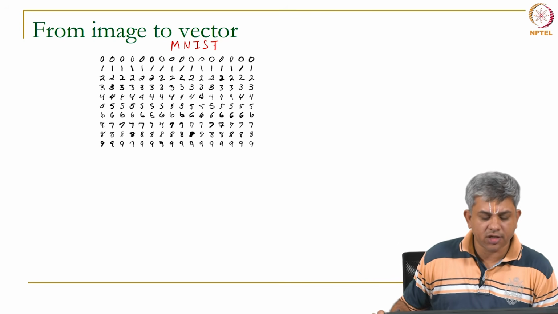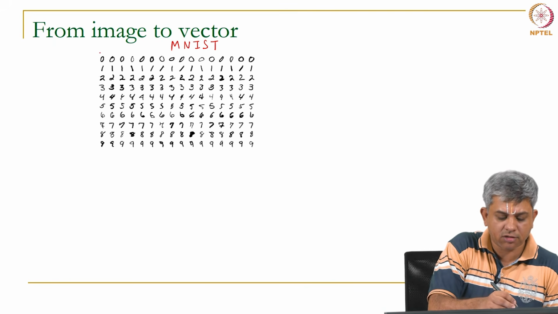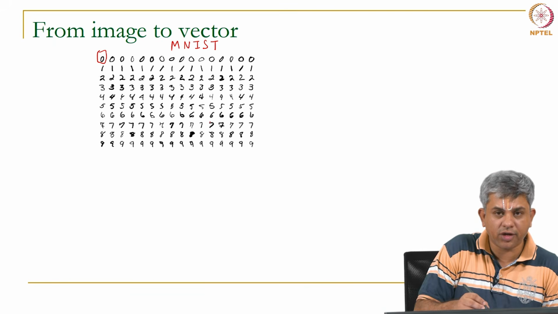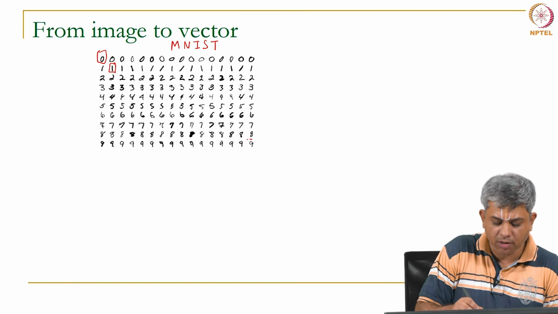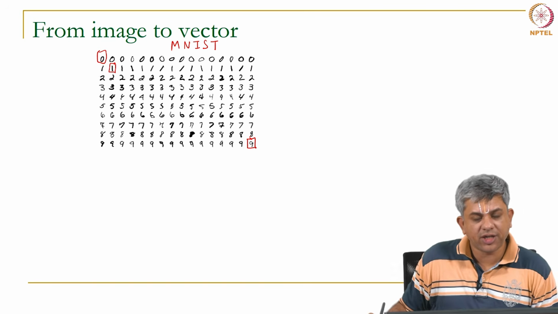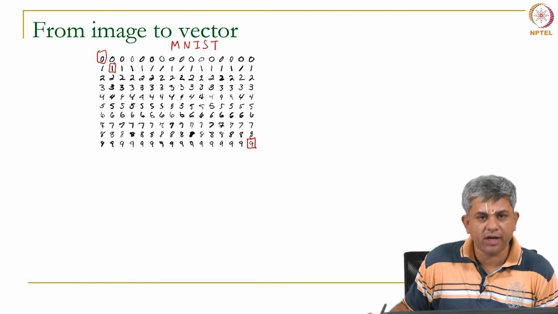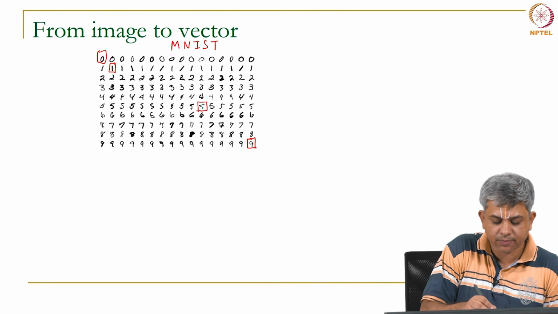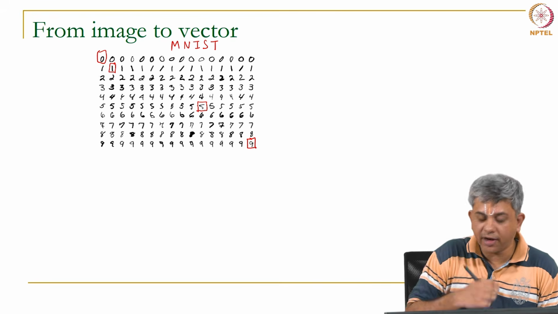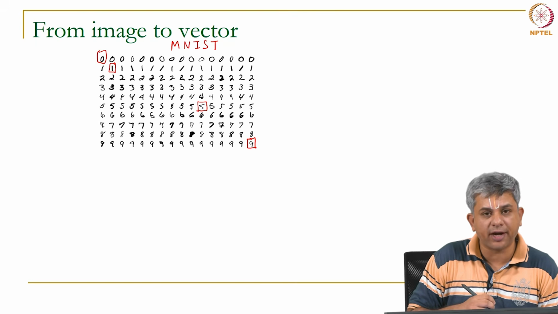But what it is, is just a bunch of images. What is shown here is actually a collection of images of zeros, ones and up till 9. So, the machine learning task that people usually deal with when it comes to the MNIST database is to look at an image, let us say this, and identify which out of those 10 digits it is.